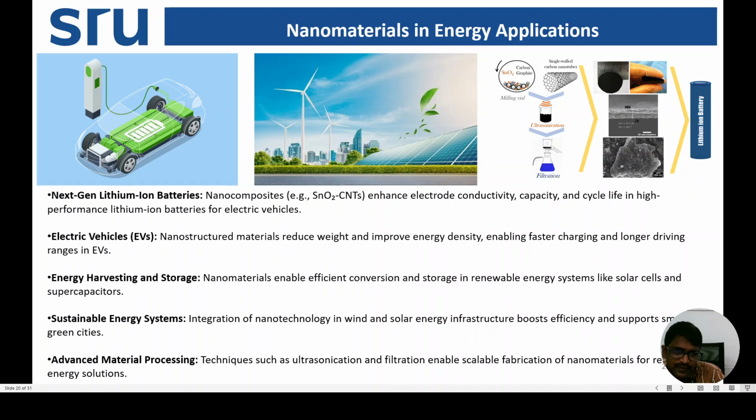So we need more efficient batteries. Coming to solar cells, what else do we require? We require energy harvesting and storage. Nanomaterials enable efficient conversion. Efficient conversion means it should convert 15% of sunlight, 20%, 25% of sunlight. So the efficiency of conversion should be more.